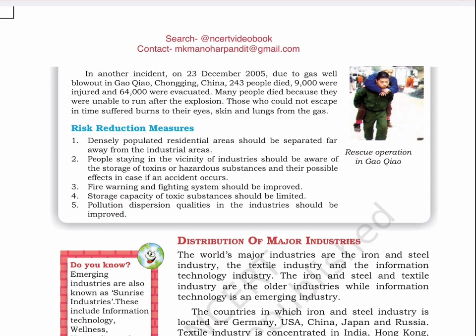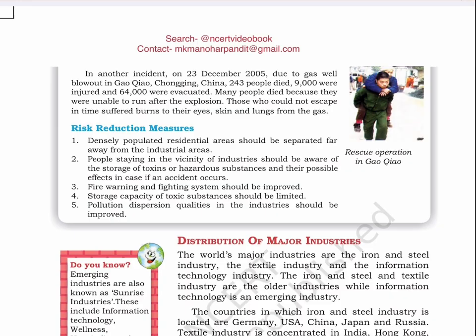In another incident on 23rd December 2005, due to gas well blowout in Gao Kuiao, Chongqing, China, 243 people died, 9,000 were injured, and 64,000 were evacuated. Many people died because they were unable to run after the explosion.